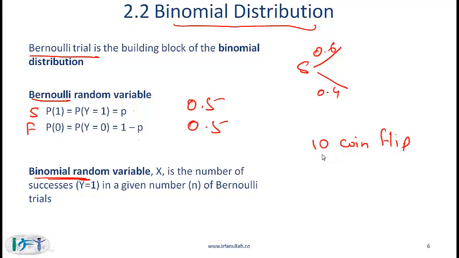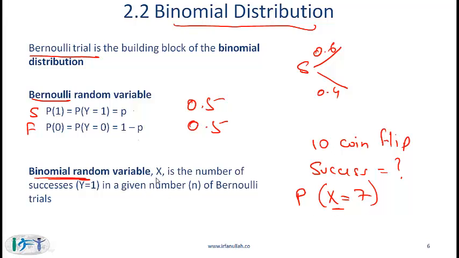Let's say heads means success. So how many successes will we have when we flip a coin 10 times? And if the question is asked, what is the probability that we will have 7 successes? The number of successes is the binomial random variable.